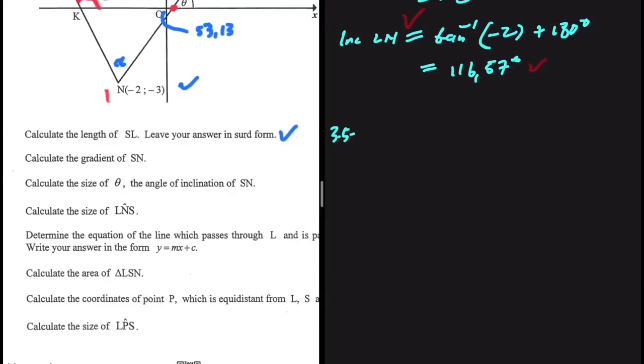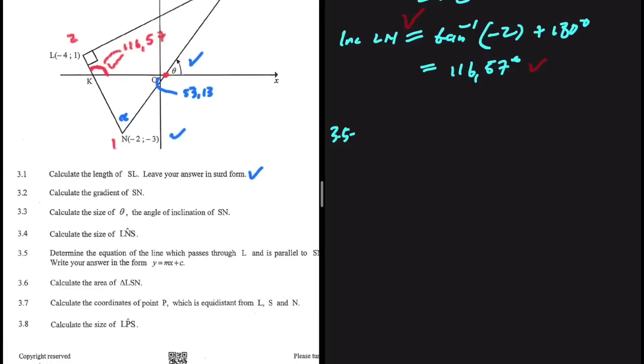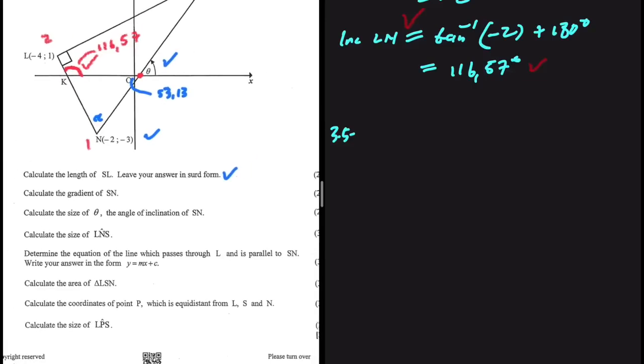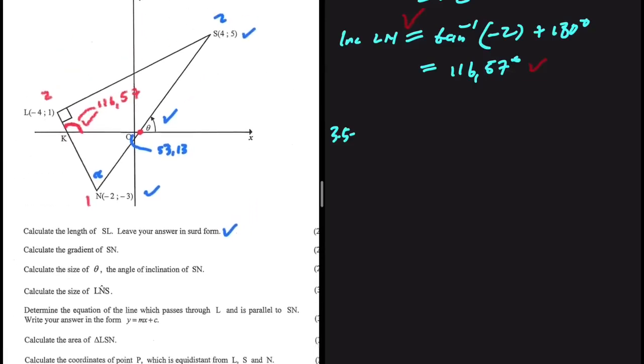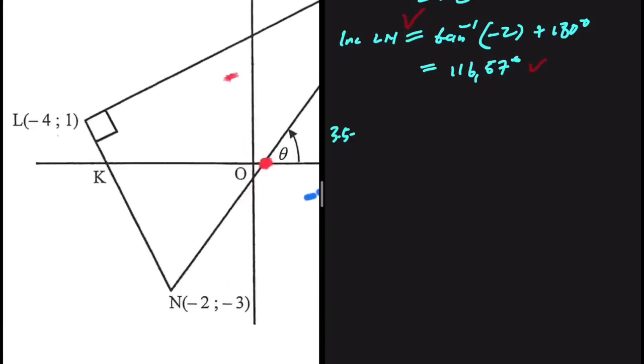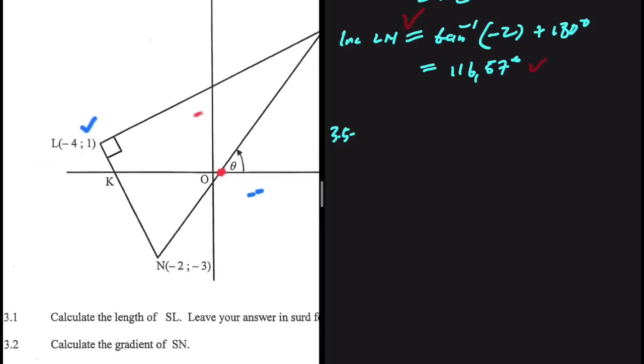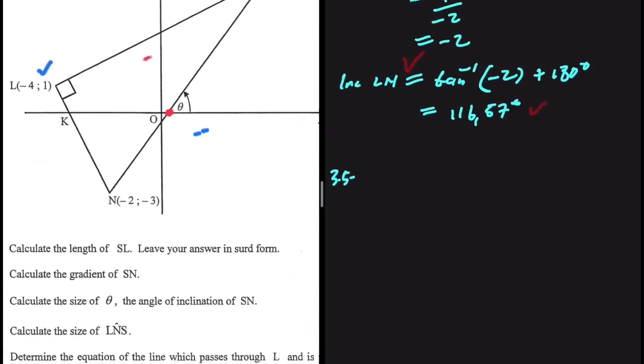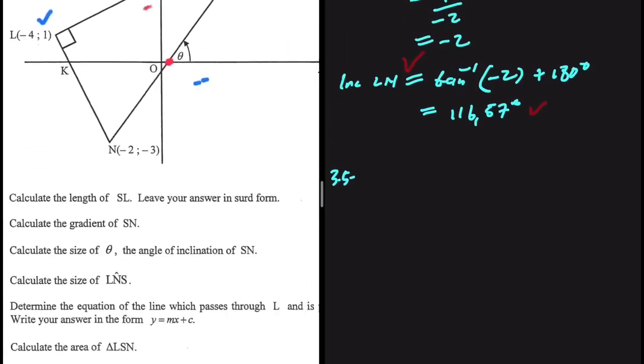3.5. Determine the equation of the line which passes through L and is parallel to SN. So the line is passing through L. Let me erase all this for the sake of clarity. The line is passing through L and it is parallel to SN. Do I have the gradient of SN?